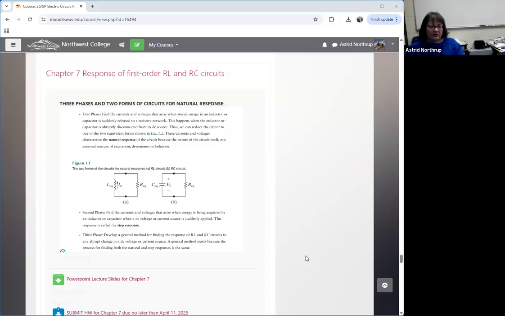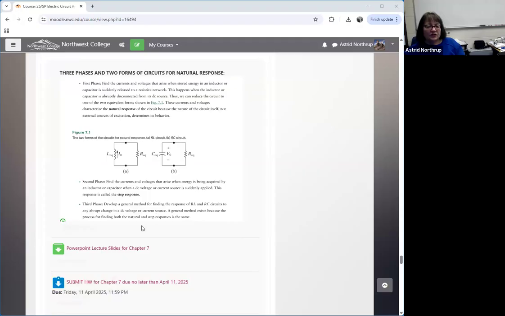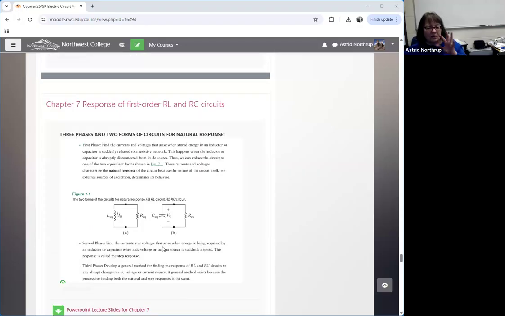So when we do that, we can reduce a circuit in a natural response to a single inductor and a single equivalent resistor, or a single capacitor and a single equivalent resistor. So this is sort of the basic model that we start with in terms of the natural response.